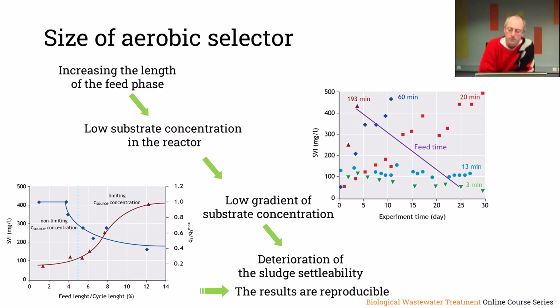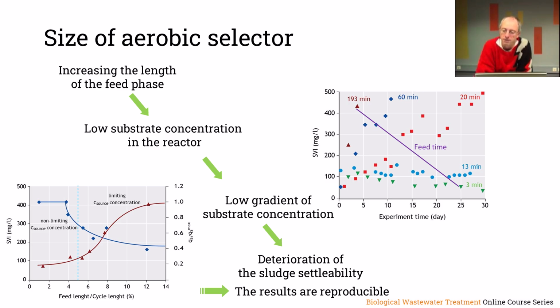Now what do we see? There's a lot of information on this sheet, maybe too much, but in the graph on the right upper hand, you will see the experimental time, which is the time after we started the reactor with normal, well settling sludge with a volume index of around 100.